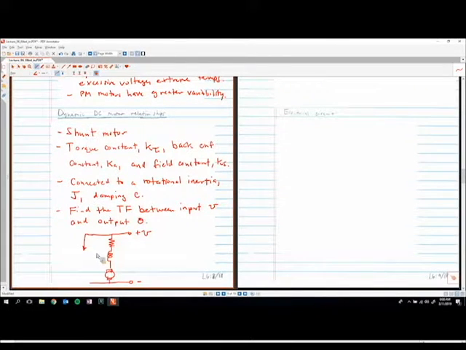Then I have the field circuit, or what's in the stator. This is RF, LF, RA, LA, and then we have the back EMF constant. I'm actually going to draw this on the other side. So our back EMF, EB.